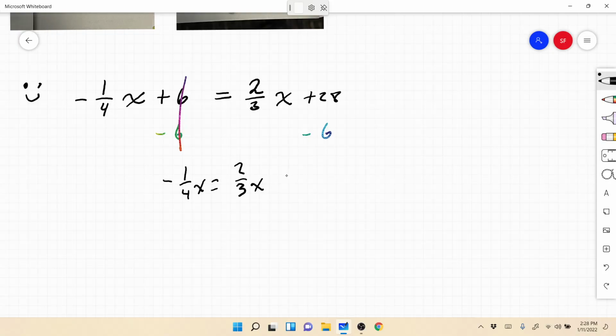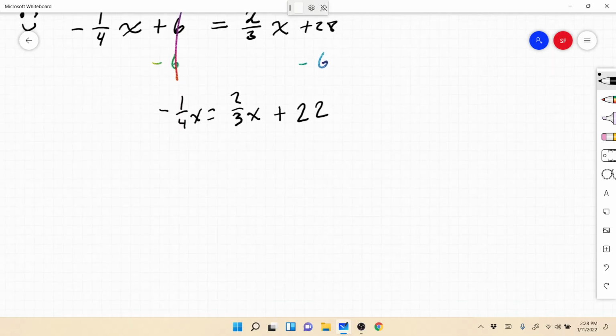Oh, it's 22. What are we going to do now? Now we're going to do plus 1/4. I'd move the x terms on one side and the number ones on the other side, because it'll be less steps that way. So I would move this one instead. So then you do it minus 2/3. Yeah, minus 2/3.